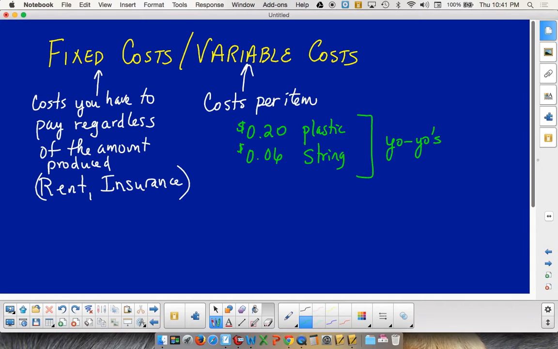And then you're not just going to sell it as a loose yo-yo, you've got to package it. So you actually also have your costs for packaging. And say we are spending, you have to have the cardboard, you got to have the plastic over it. We're spending 11 cents for packaging per yo-yo.